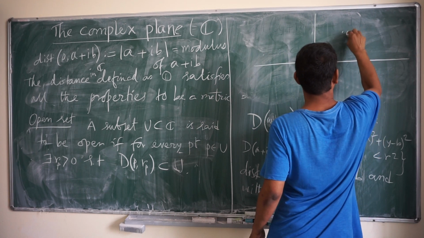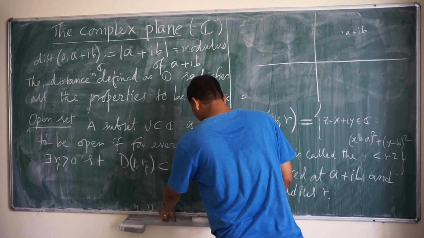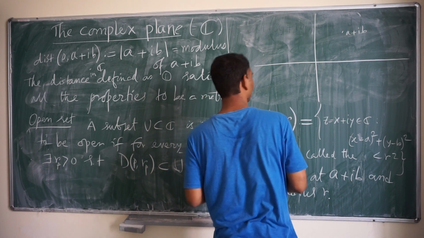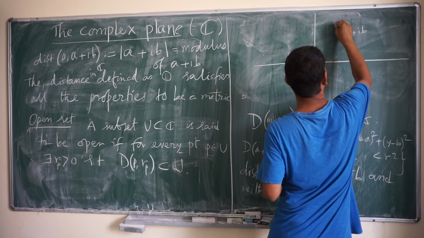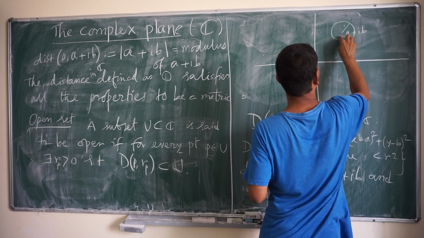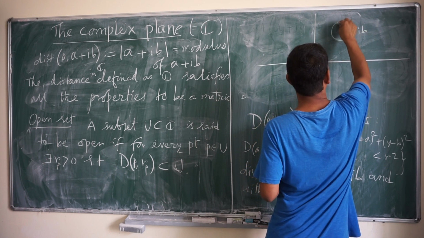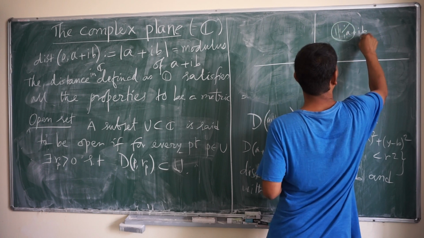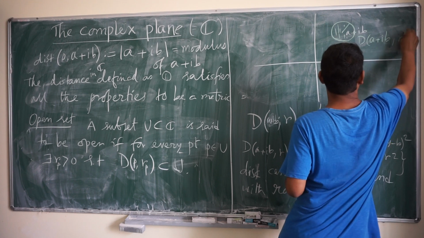This is a point A plus IB, and put some R and draw a circle with center at A plus IB and radius R. This is D(A plus IB : R).